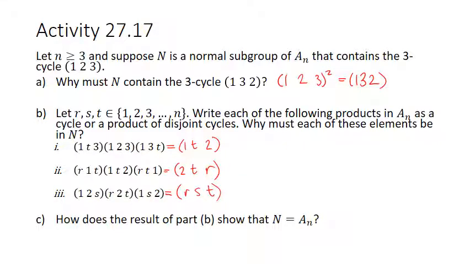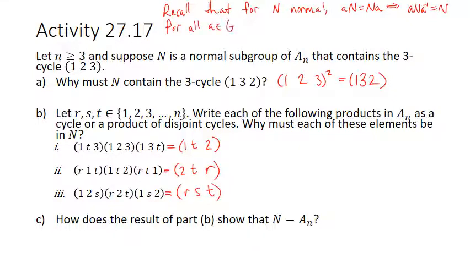Okay, so explaining why these actually have to be in N is a little bit trickier to do. So recall that for a normal subgroup N, that means that AN must equal NA. So that would imply that ANA inverse equals N for all elements A in the group.